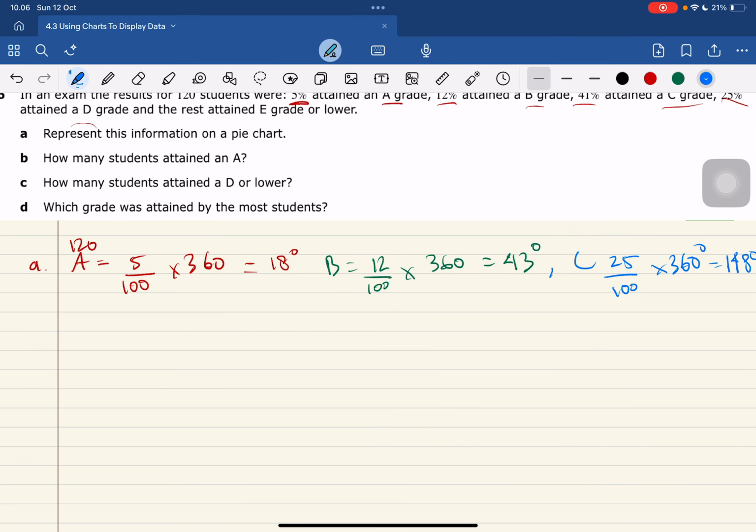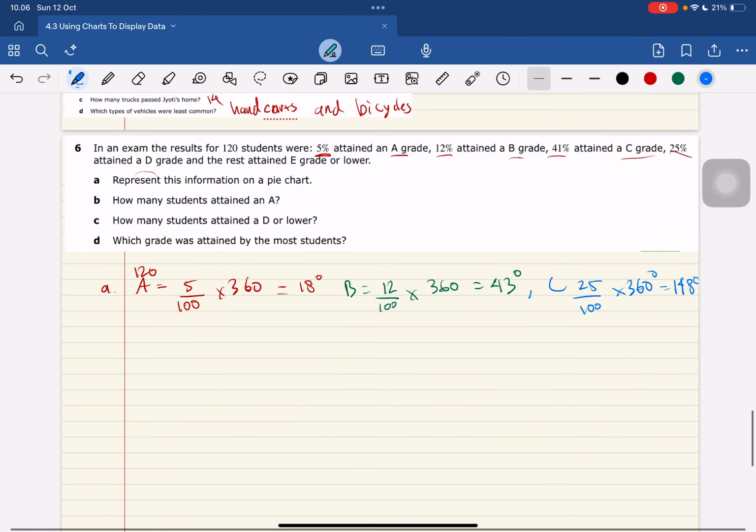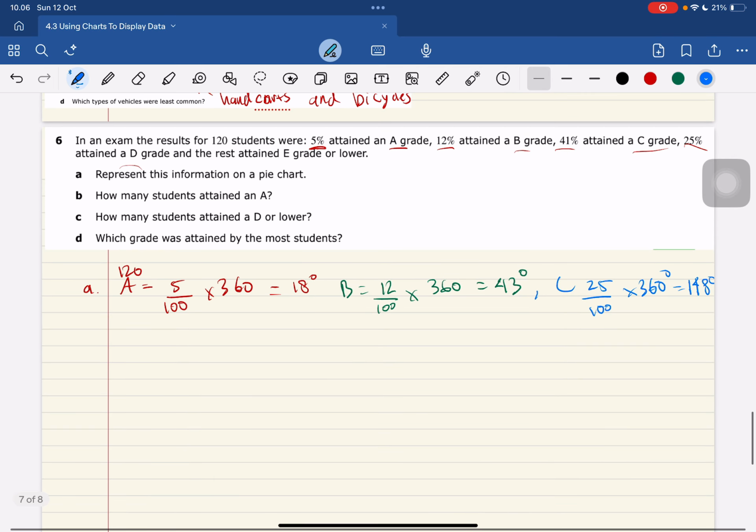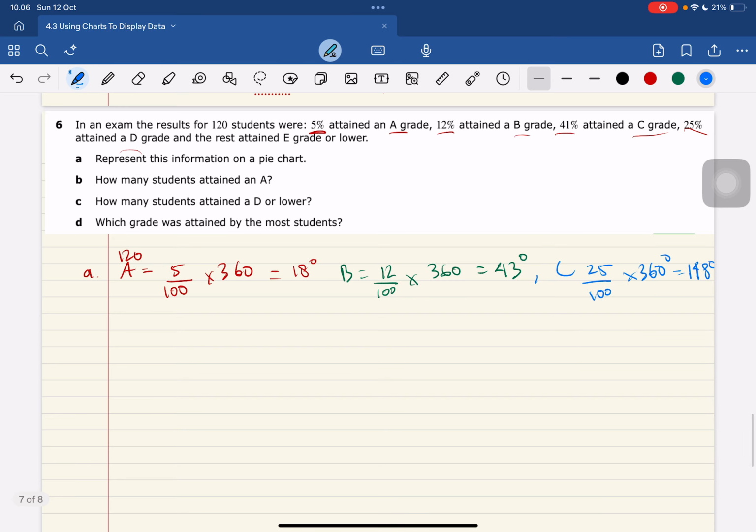Isn't it? 20%. Okay, 5% of 360. Okay, we got it. Okay, there it is, 148 for C. Now for D. I got a mistake.